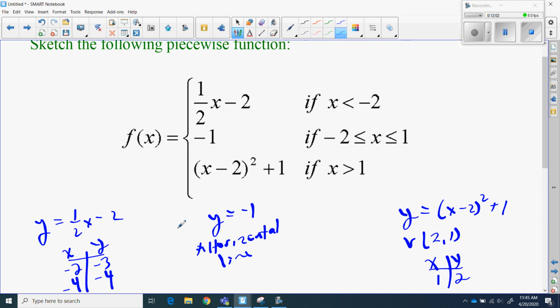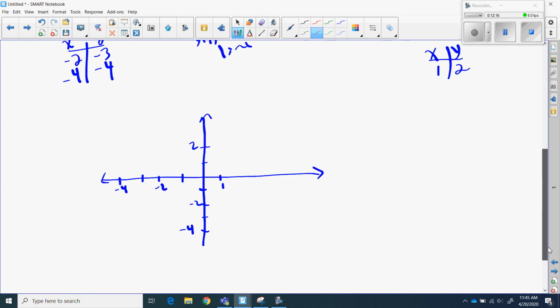All right, so -2, -3. You always have to go back and look here and say, am I going to fill it in or am I going to leave it as an open circle? In this case, because there's no equal sign, that ordered pair is going to be an open circle. -2, -3, open circle.